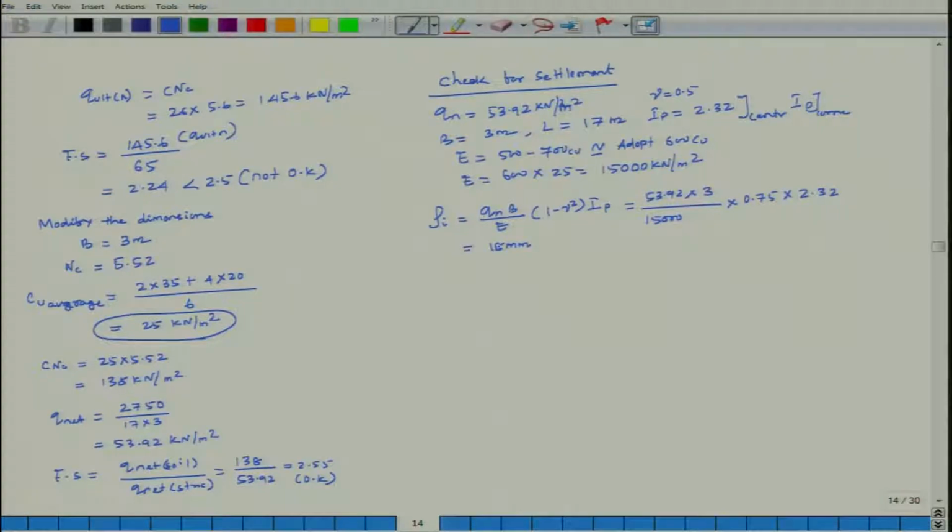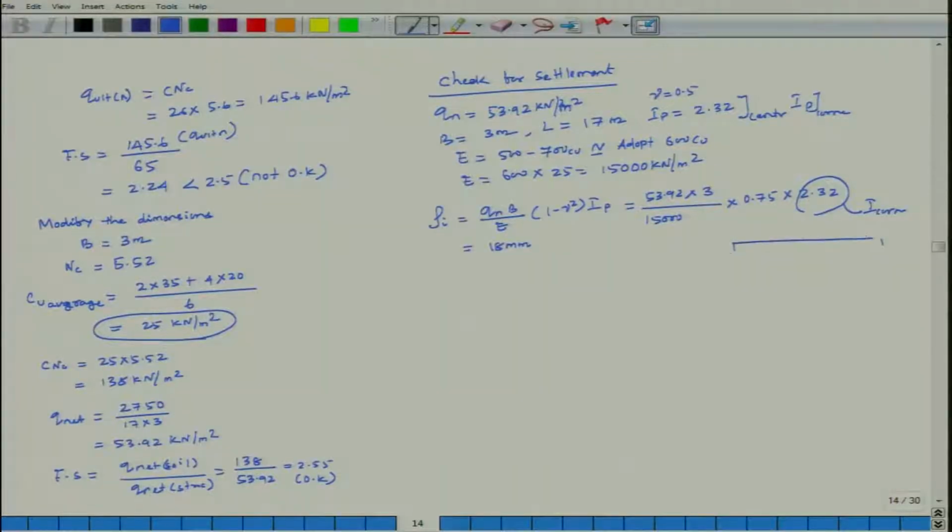Also, multiplying not with IP at the center, you can multiply also with IP at the corner, then you can find out whether there is any differential settlement or not. If there is a differential settlement, whether it will be within the permissible limit or not. Suppose this is my B, this is my B. So, this will be the settlement at the center and this will be at the corner.